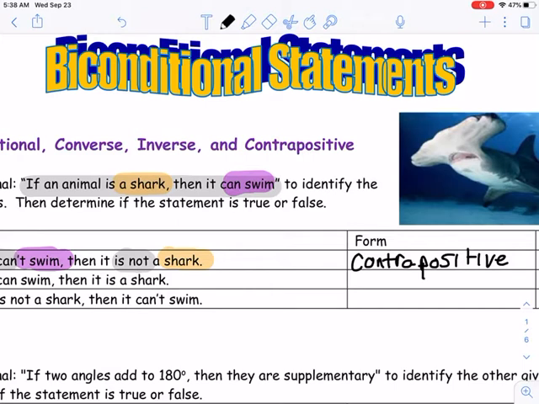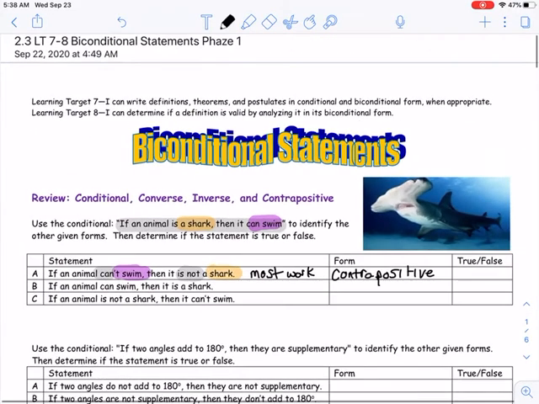This was a lot of work. Alright, and first off, we forgot to say, if an animal is a shark, then it can swim. That's true. Sharks can swim. So if an animal can't swim, then it is not a shark. We didn't even really have to write this down. We should automatically know that it's true.